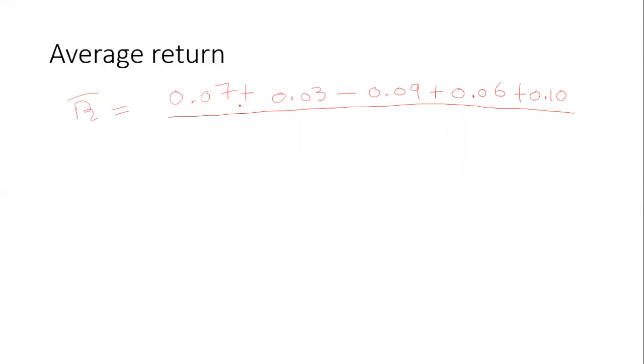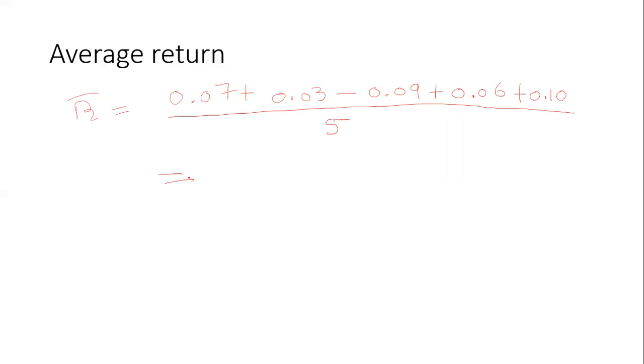So we will add all the data, that is 0.07 plus 0.03 and minus 0.09, because that is negative, plus 0.06, and plus 0.10. So we divide it to calculate the average with the number of years, that is 1, 2, 3, 4, 5.